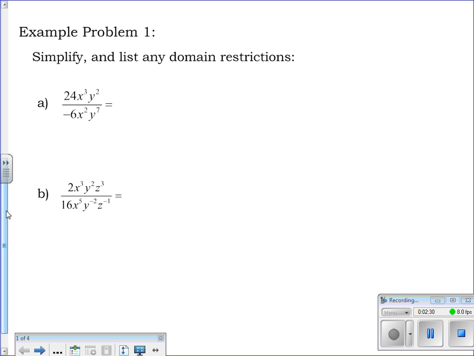Simplify and list any domain restrictions. In this particular case with these two, I like to list my domain restrictions first. My domain restrictions come from anything that will make my denominator 0. So in my first example, what values of x and what values of y are going to make my denominator 0? If x is 0, so x can't be 0, because then I get 0 in my denominator.